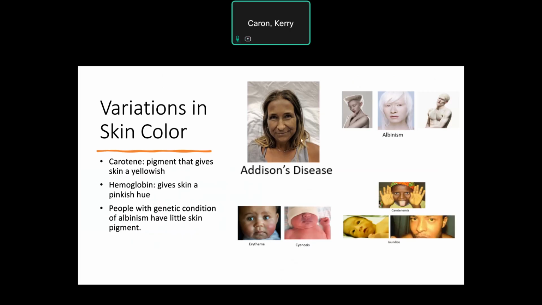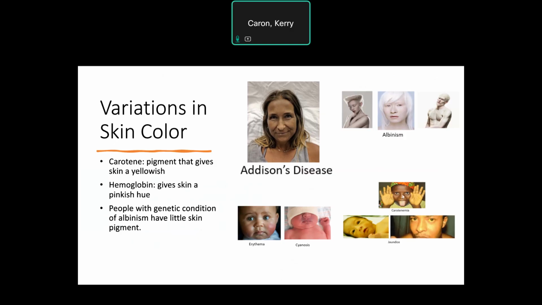We've got Addison's disease, and that person has a bronze color to their skin. Albinism, those people have a more pale appearance. Erythema means redness. Cyanosis, you can see around those babies' lips, the blueness. And then jaundice is yellow, where carotenemia has an orange tone.